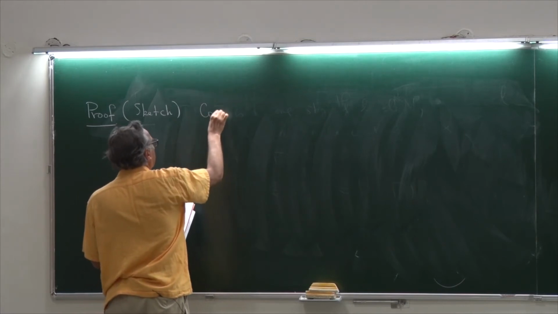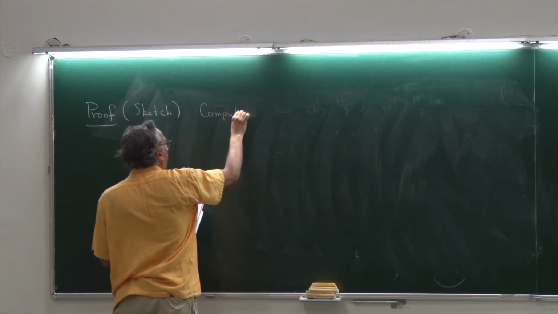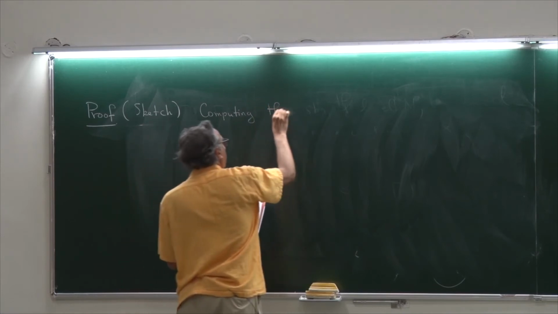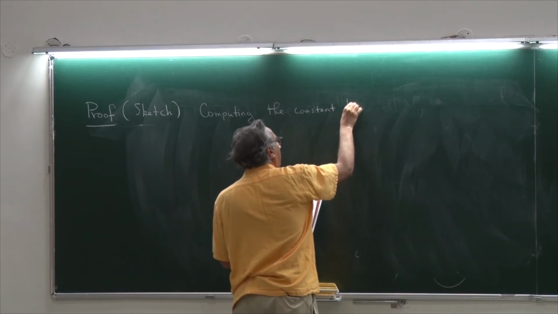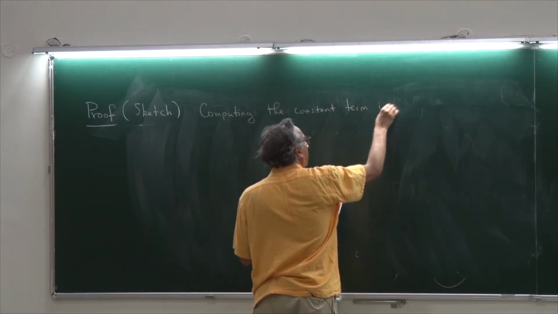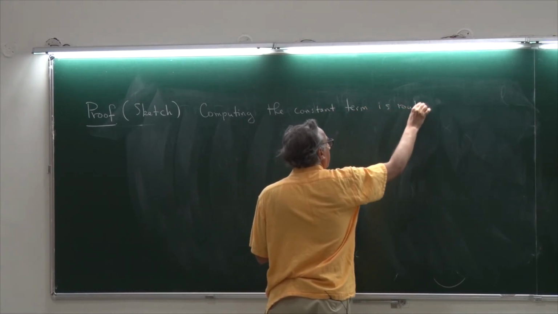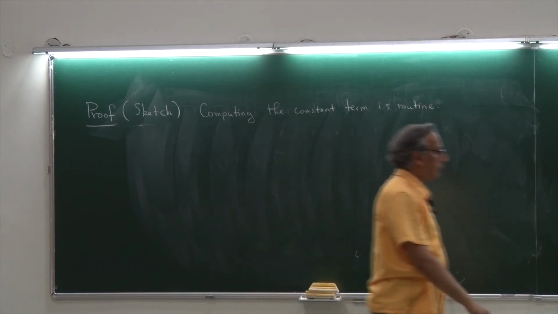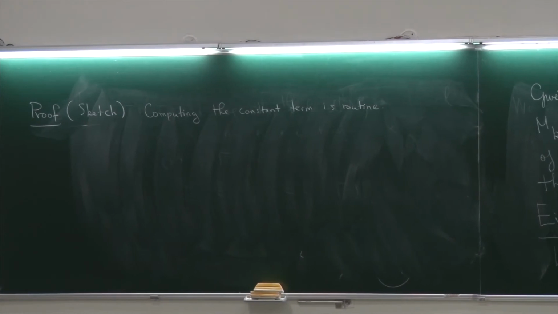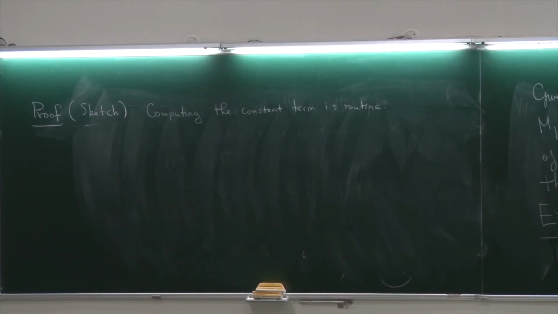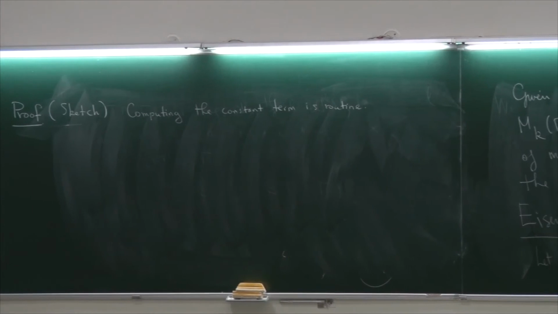So computing the constant term is routine. Essentially, what do I have to do? I have to check if a1 is 0 mod n.